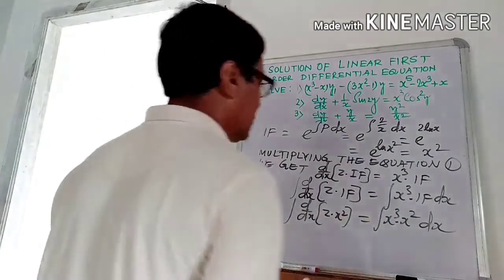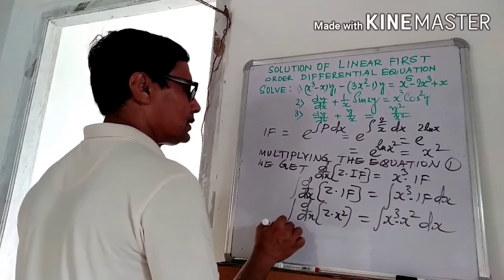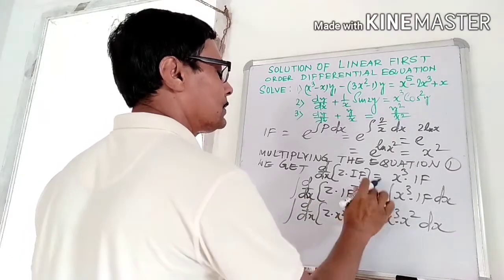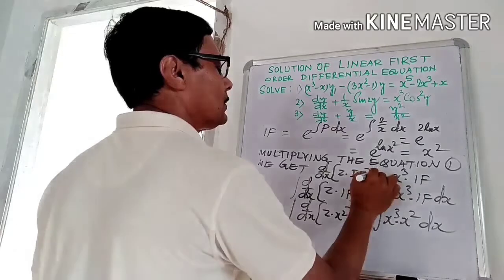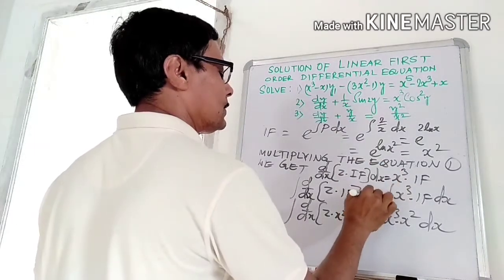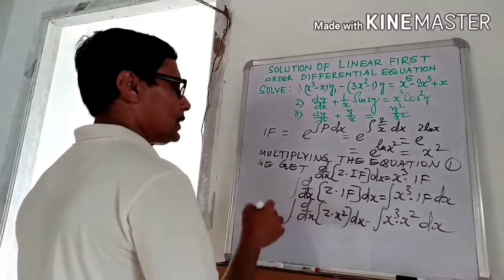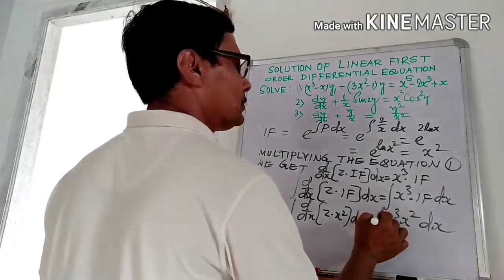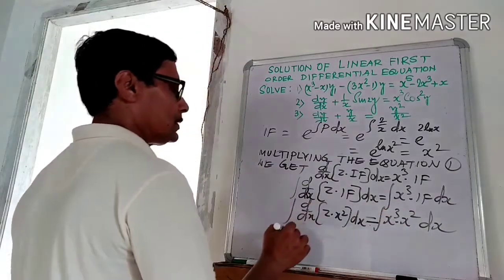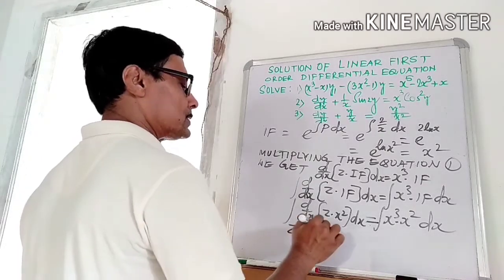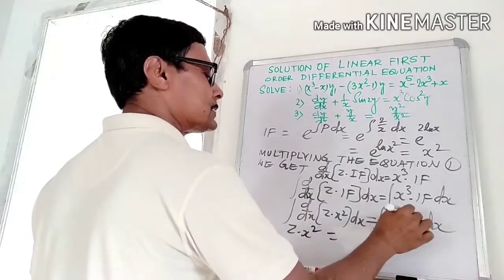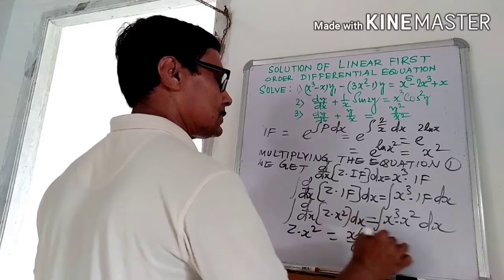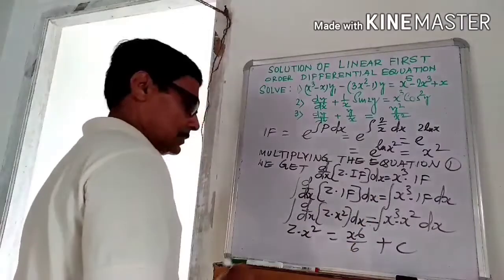So after integration of these equations, we get z x square equal to x5, and integration of x5 dx is x6 over 6 plus integration constant c.